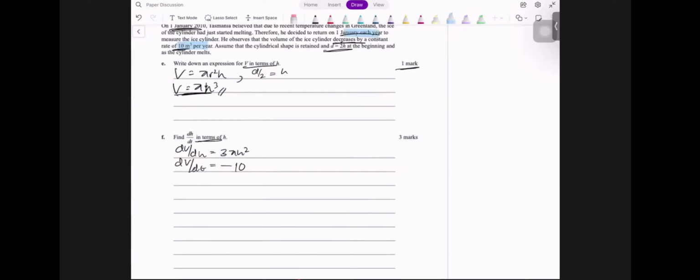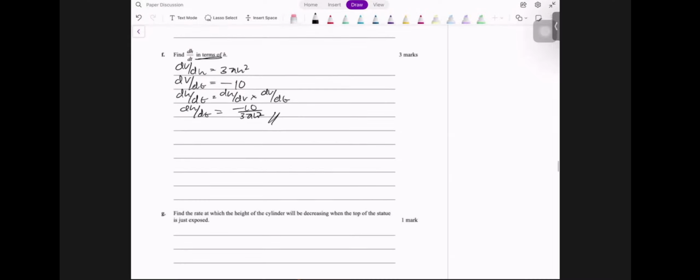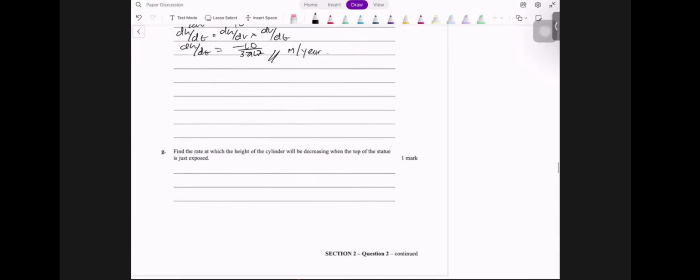You have to be really careful. So we know dh on dt will equal dh on dv times dv on dt, and that's when we get negative 10 over 3 pi h squared. And that's your answer in terms of h. I'll quickly put meters per year, just for the units.